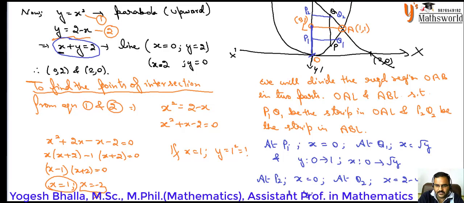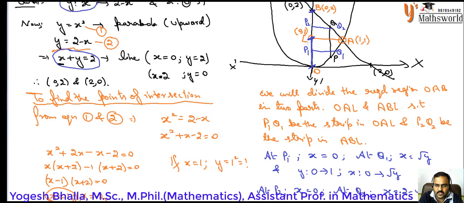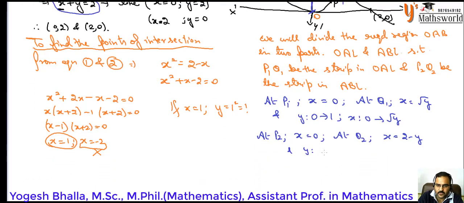And y is varying from point L to the point B, so y is varying from 1 to 2 and x is varying from 0 to 2 minus y.